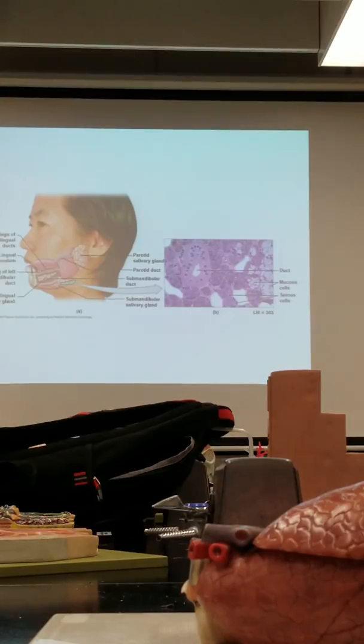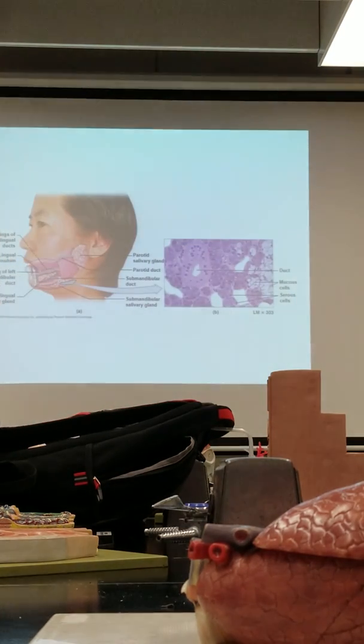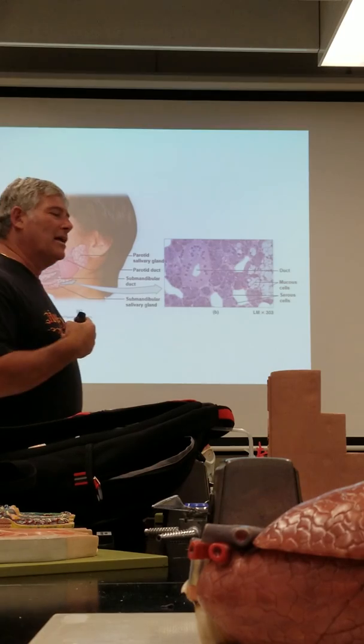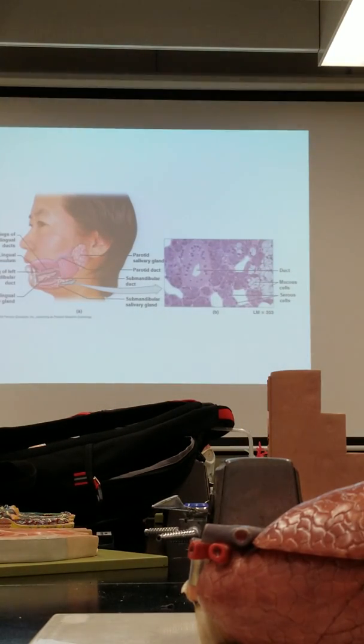And then, guys, we're going to have a set of glands underneath the tongue called the sublingual glands. And then we're going to have a set slightly posterior to them, but deeper in the mandible. Those are called the submandibular glands.